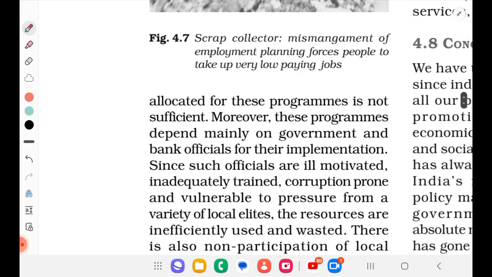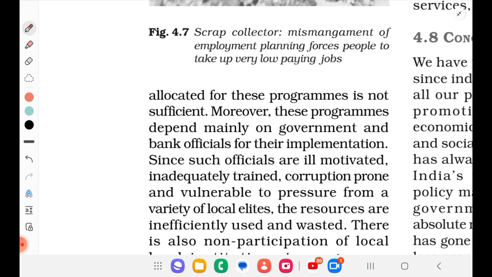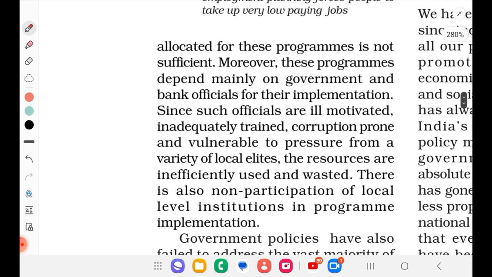Moreover, these programs depend mainly on government and bank officials for their implementation. Since such officials are ill-motivated, inadequately trained, corruption-prone, and vulnerable to pressure from a variety of local elites, the resources are inefficiently used and wasted. There is also non-participation of local level institutions in program implementation.